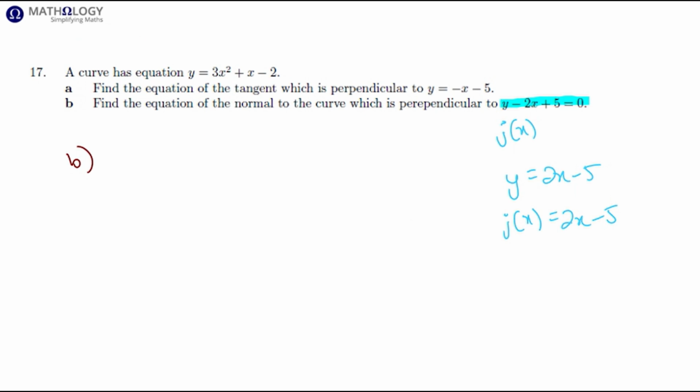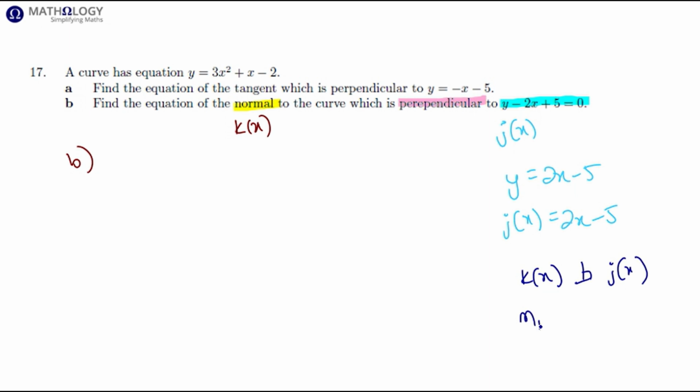We are told that the normal is perpendicular to j of x. So the normal, let's just call the normal k of x. We are told that k of x is perpendicular to j of x.